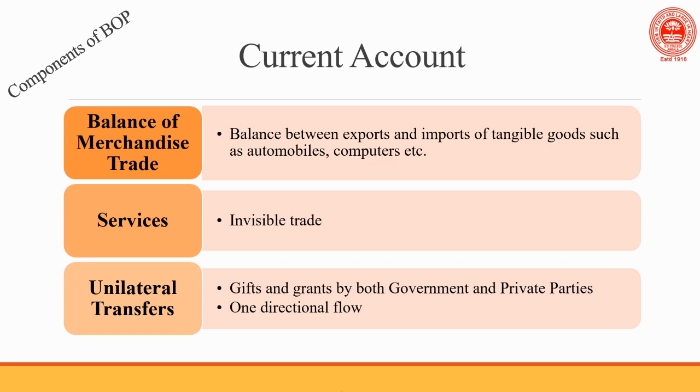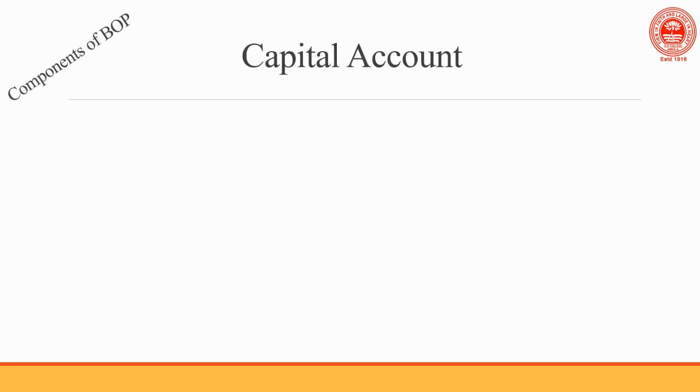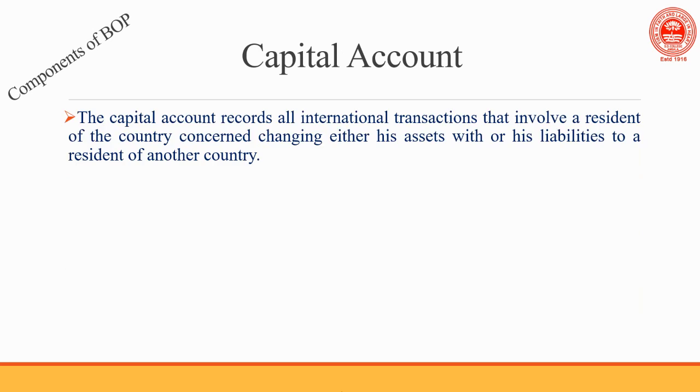The second component of balance of payments is the capital account. Now, the capital account records all the international transactions that involve a resident of a country concerned changing either his assets with or his liabilities to a resident of another country.